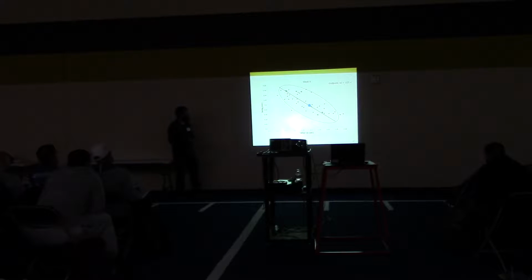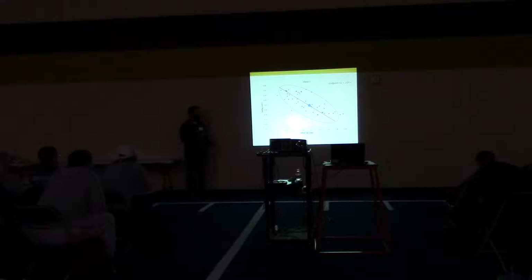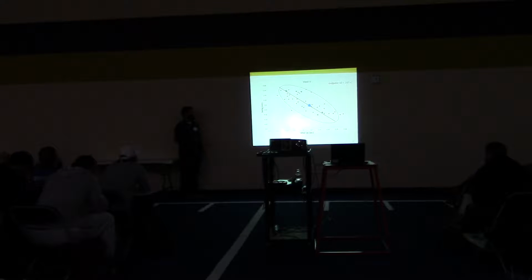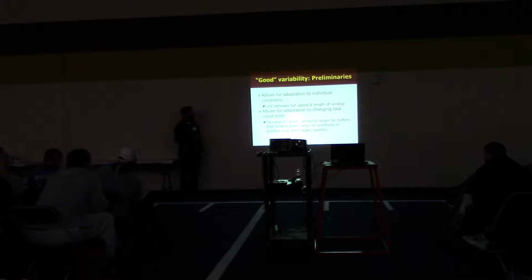The other thing it lets the batter do is adapt to the constraints of the practice conditions. If you're going to hit faster pitches, lower, higher pitches, different types, you're probably going to have to adjust the timing of your swing a lot. So I think that's kind of what's going on here. This is very preliminary.